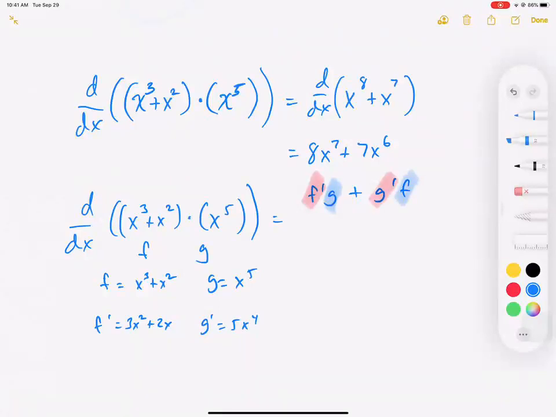Okay with the pattern? We're going to copy that down. Derivative of the front is 3x squared plus 2x. Leave the back alone. And then derivative of the back is plus 5x to the fourth. Leave the front alone.